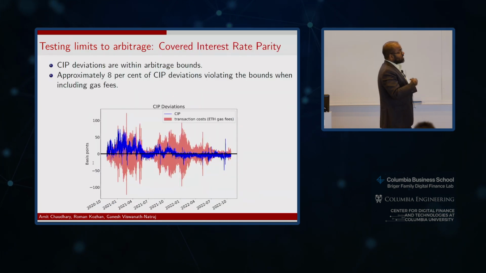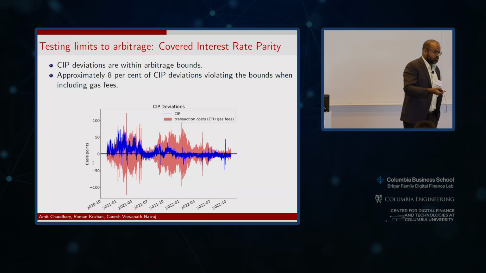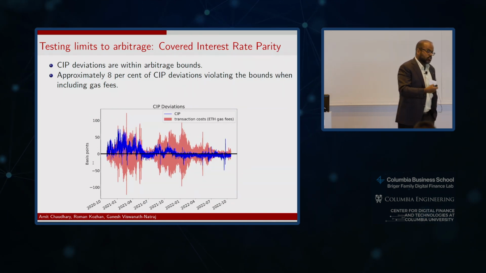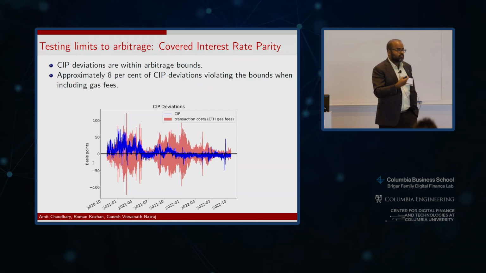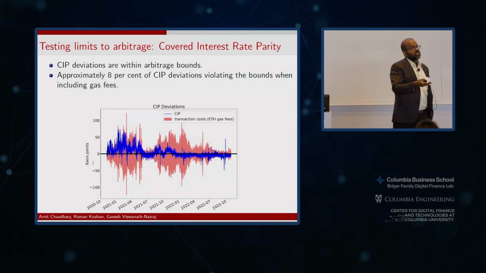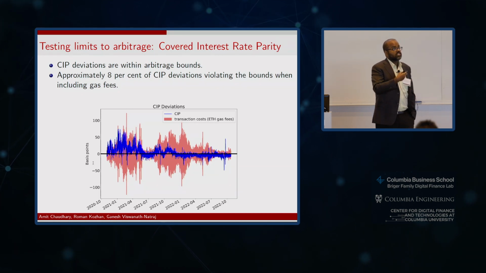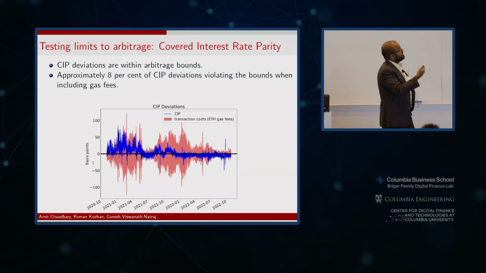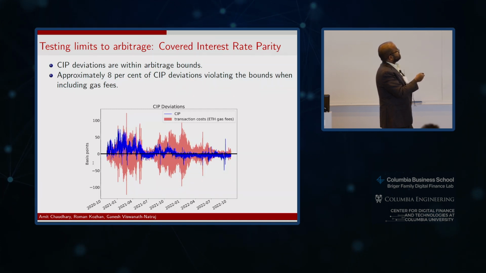So in terms of explaining why there's weak integration, one idea is that it could be transaction costs. Many of you know that to do these transactions on the Ethereum blockchain, you need to pay gas fees. If we take into account gas fees, we find that our CIP deviations are essentially within gas fees.